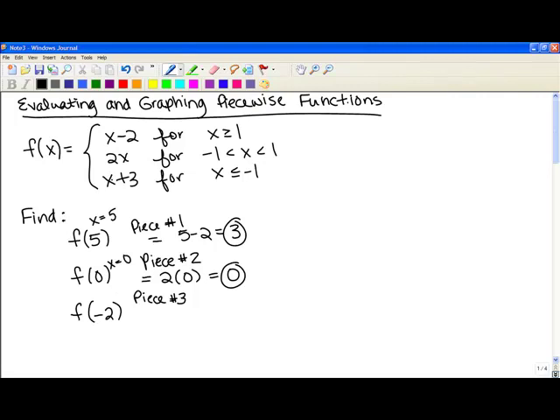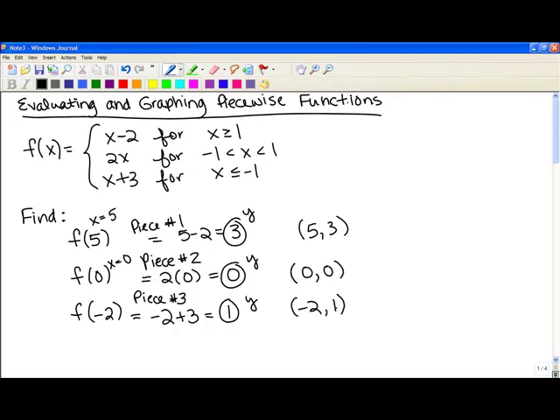And I'm plugging in -2 in this piece, so it'll be -2 plus 3, which is +1. And those are the outputs or the y values. So we could think of these as y values. So each one of these would be a point. This would be 5, 3. The next one would be 0, 0, and -2, 1.